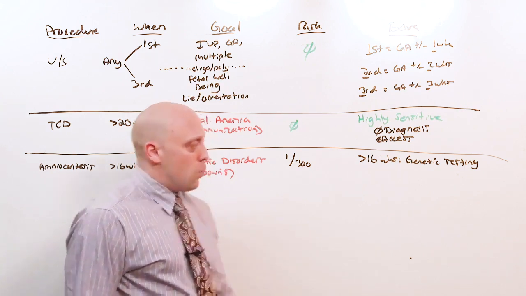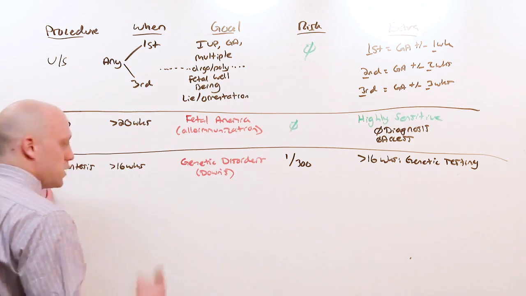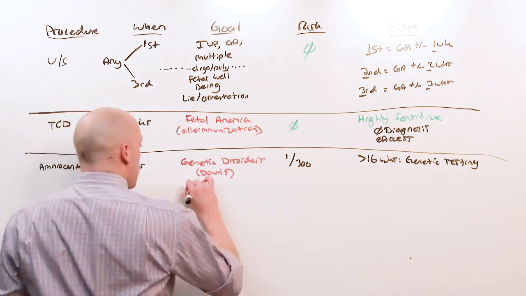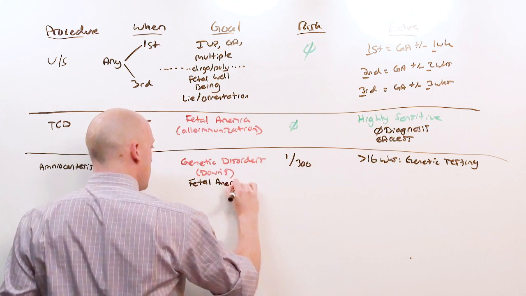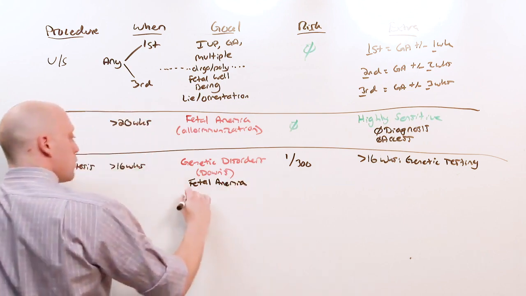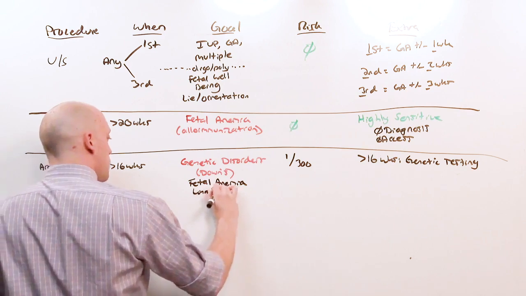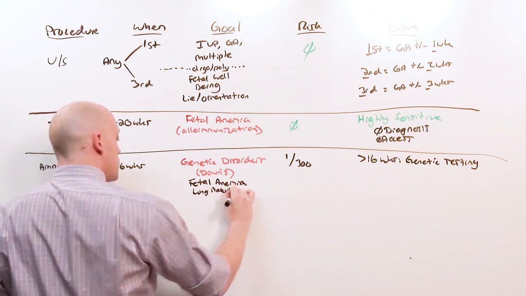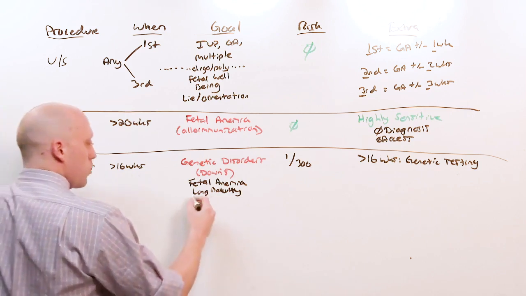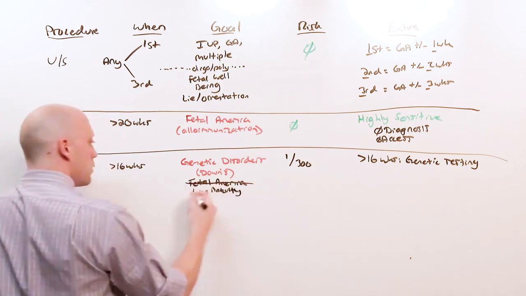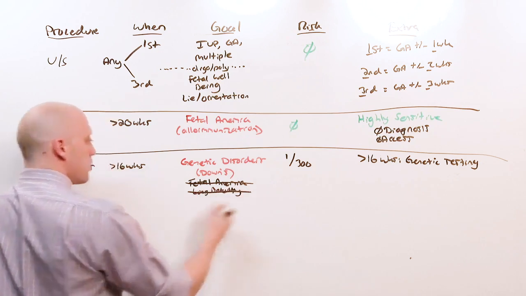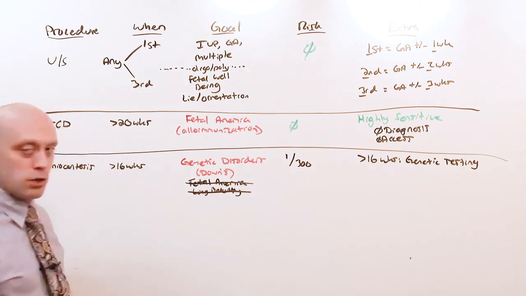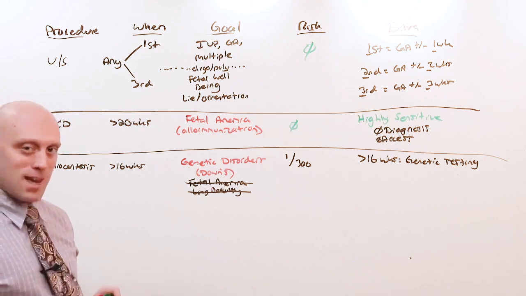terminate. We used to use the amniocentesis, and you may still see this, for fetal anemia, and we used to use it for lung maturity. In a premature infant, we asked, should we give corticosteroids? We do not use the Liley graph, and we do not use the lecithin to sphingomyelin ratio from the amniocentesis anymore.